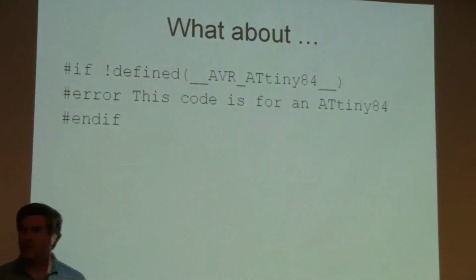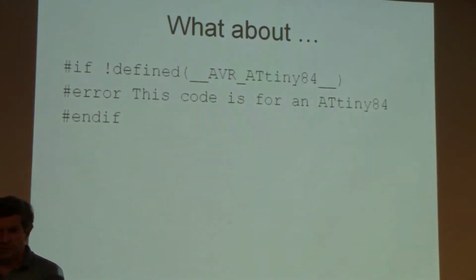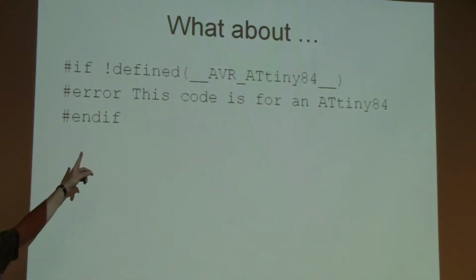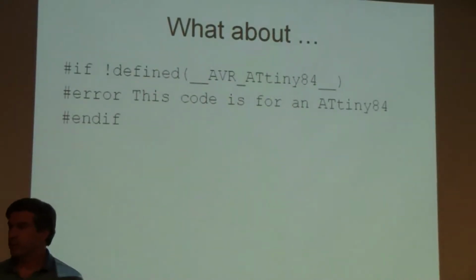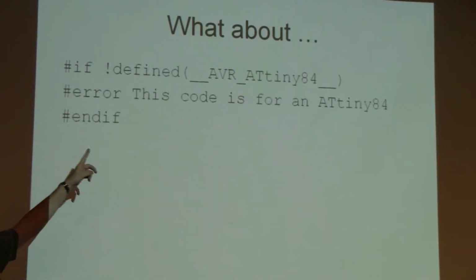If I try to compile it in the IDE, and I've got the board set to an Uno or a Leonardo or something like that, it'll get to this point, and this #error will generate an error during the compilation, and it will not compile, and you'll get this message.